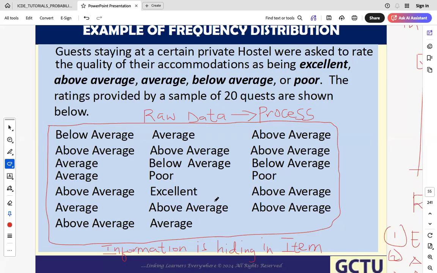So we'll try and process this data with what we have learned today about the 8 columns I did for you.